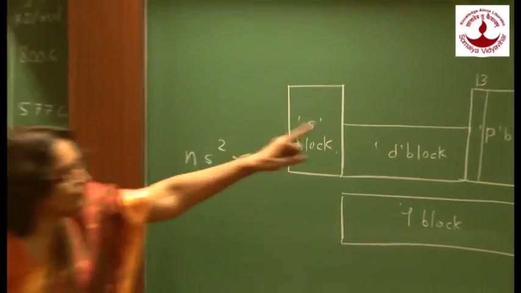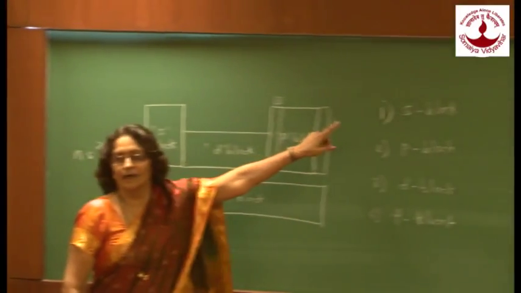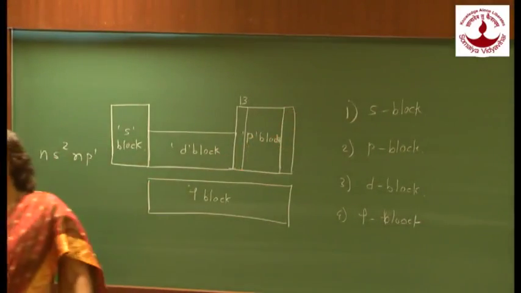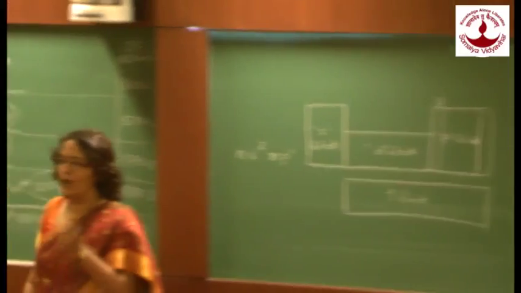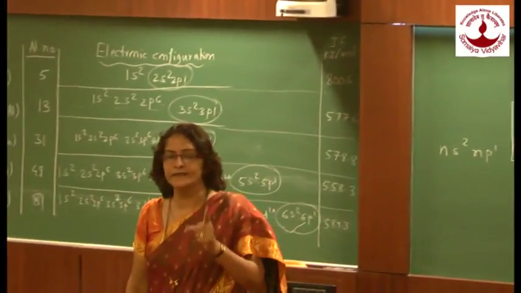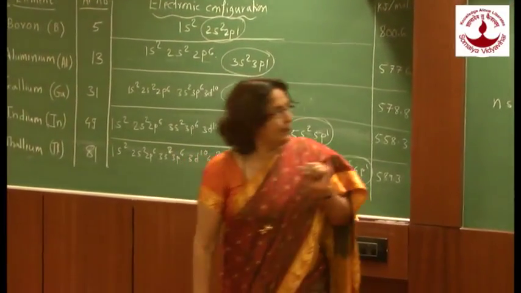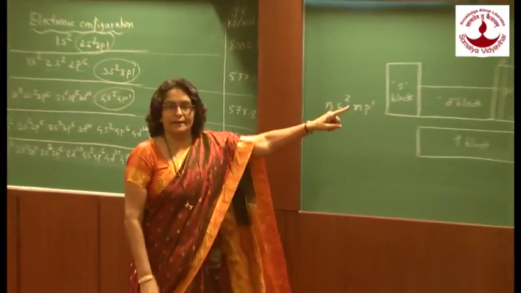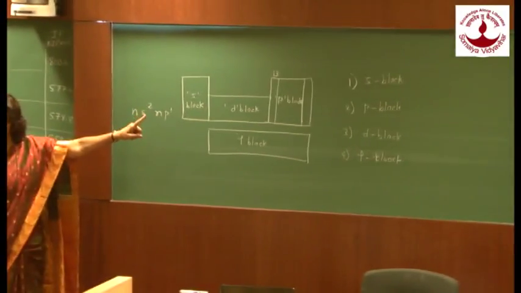Now what are S block elements? In S block elements, the differentiating or characteristic electron enters the s subshell. In P block elements, the characteristic electron enters the p subshell.